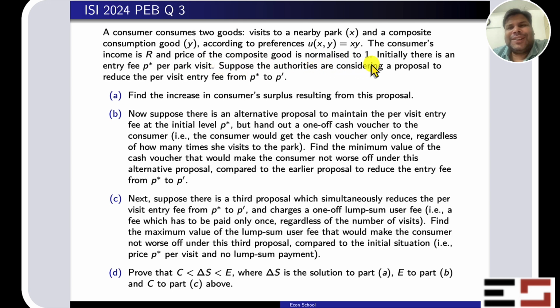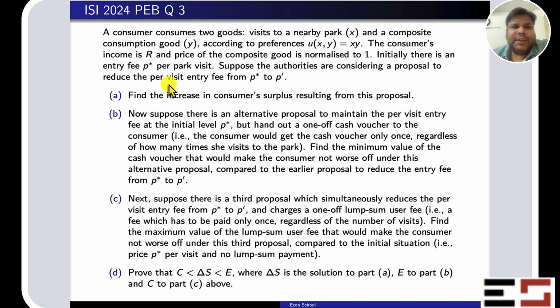Suppose the authorities are considering a proposal to reduce the per visit entry fee from P star to P prime. We want to answer the following questions based on this information. The first question is how much will be the increase in consumer surplus due to this proposal.